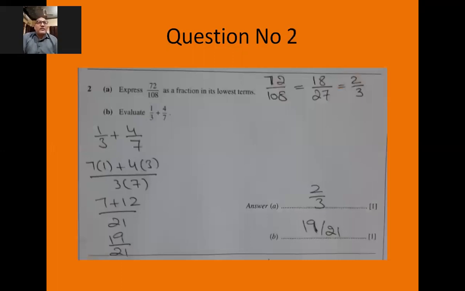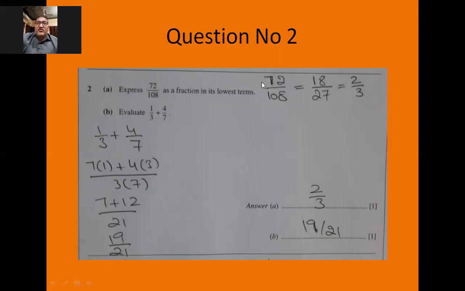Okay, so the next question coming up on your screen, it says express 72 by 108 as a fraction in its lowest term. So you have 72 by 108. So I can cancel it with 4. 4 ones are 4, and 3 left here; 4 eights are 32, 7.